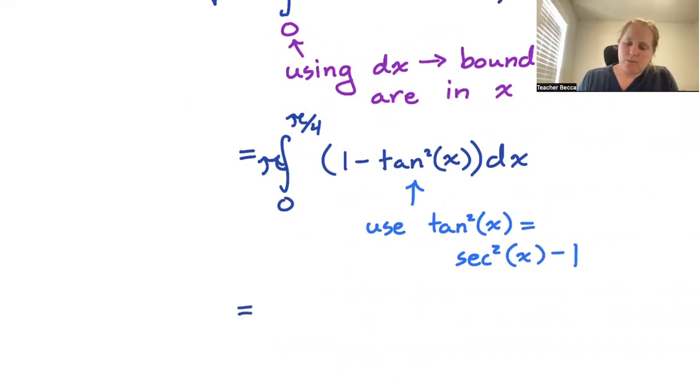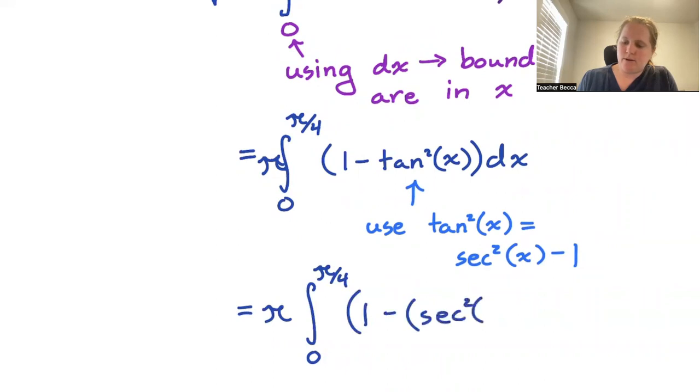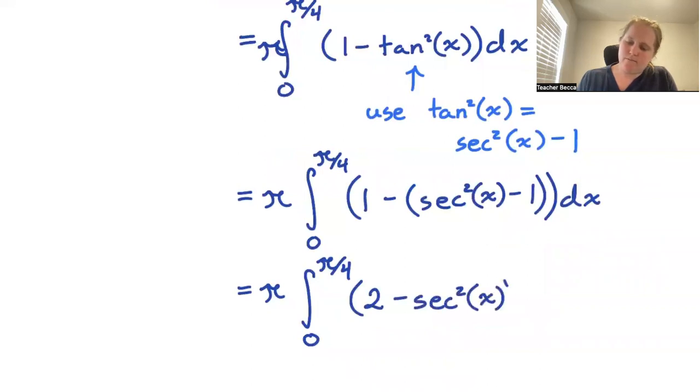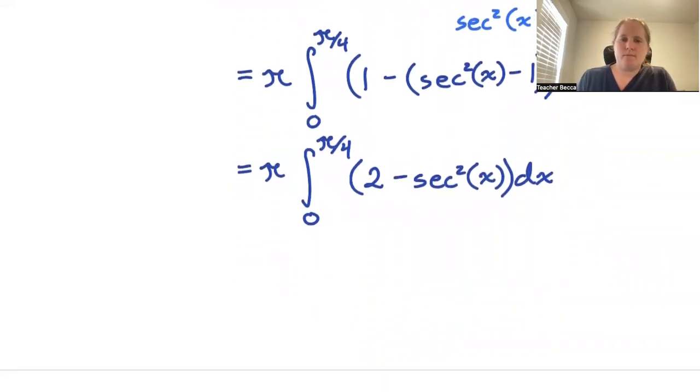So we are looking at pi times the integral from 0 to pi over 4 of 1 minus, in parentheses, secant squared x minus 1, dx, otherwise known as pi times the definite integral from 0 to pi over 4 of 2 minus secant squared of x dx.